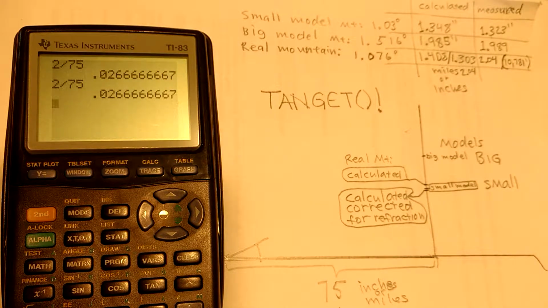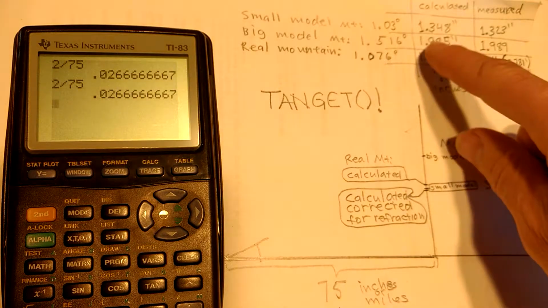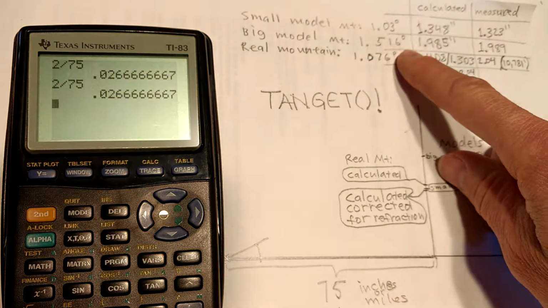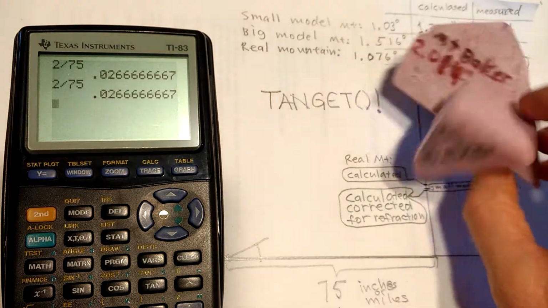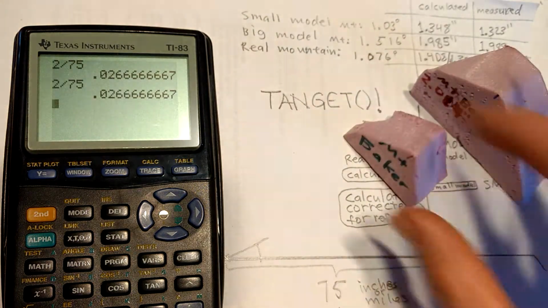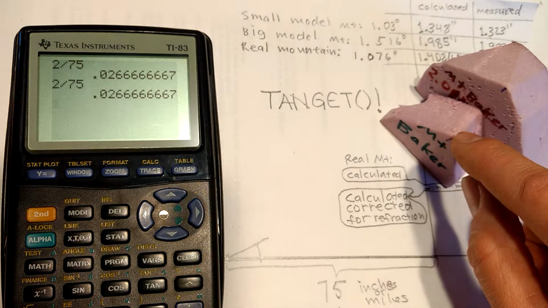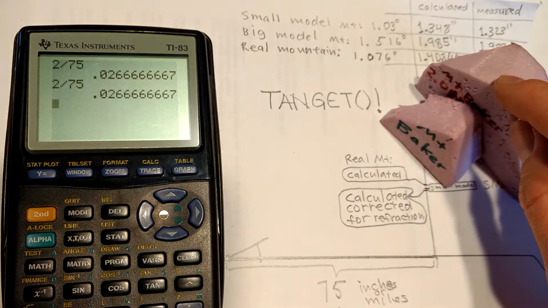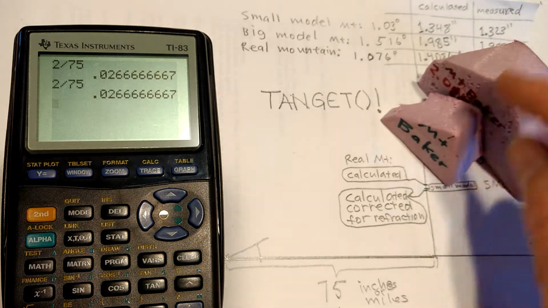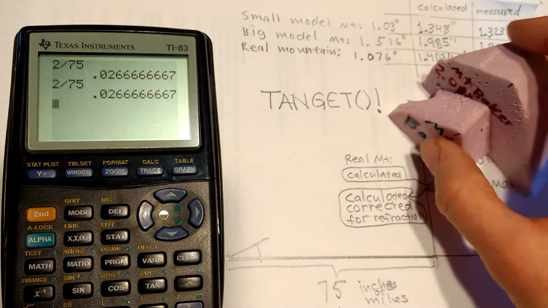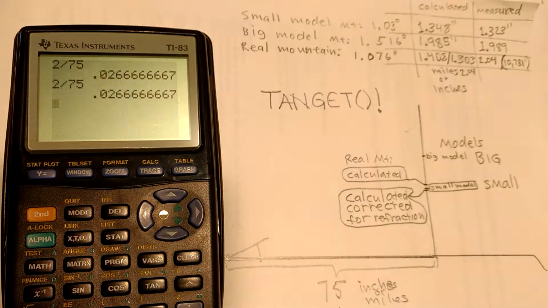And that's about it. You can see that the theodolite is correctly measuring the angles for both of these apparent angles, and whether the mountain was at this apparent angle or this apparent angle, the theodolite was working perfectly at both of those ranges, and so there was no option, but it had to be also correctly working at the real Mount Baker.